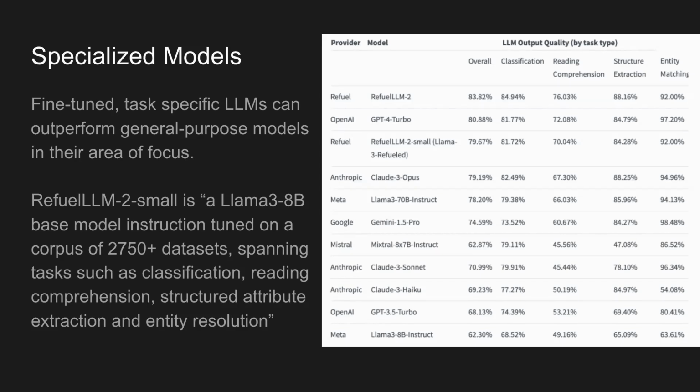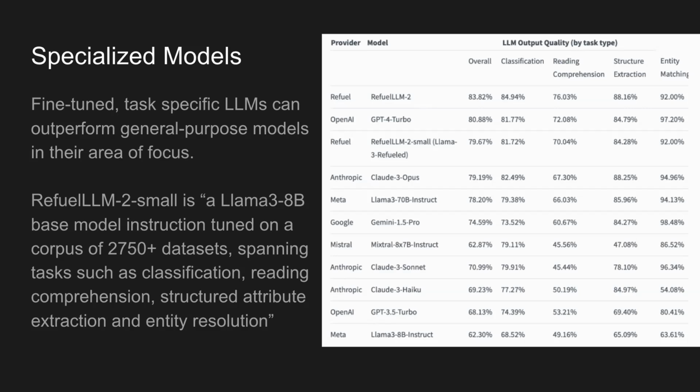And so I started working with Llama 3. In fact, I was initially working with the 405 billion parameter Llama 3 hosted on Nebius. I started working with Llama 3, the 3B version, the 8B version on this workload. What I found is that Refuel LLM, the small version that we're going to be using today, is pretty impressive for the size of the model because it's specifically tuned for this kind of text processing task.